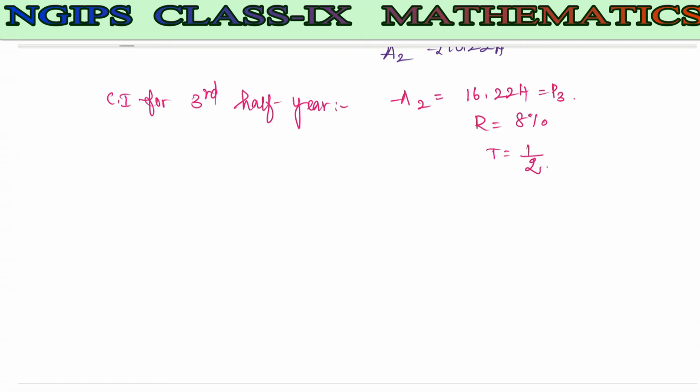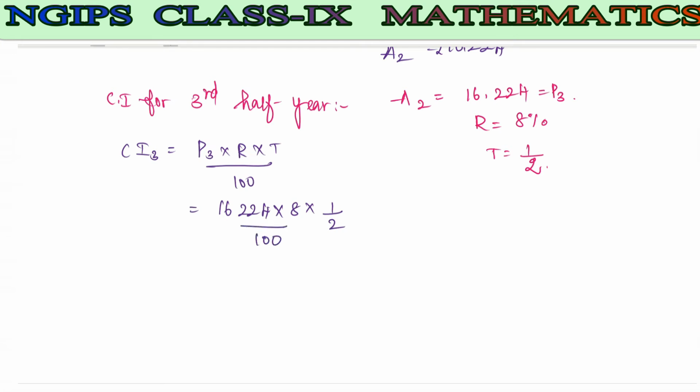Now we will find the compound interest for the third half year, which is third half year principal into rate into time divided by 100. So principal we have 16,224 into rate, we have 8%, and time period is 1 by 2, divided by 100. Now if you simplify this, 1 2 is 2, 4 2s are 8.